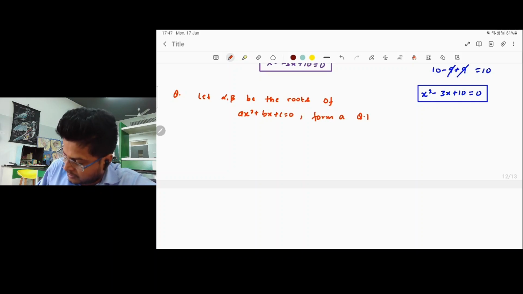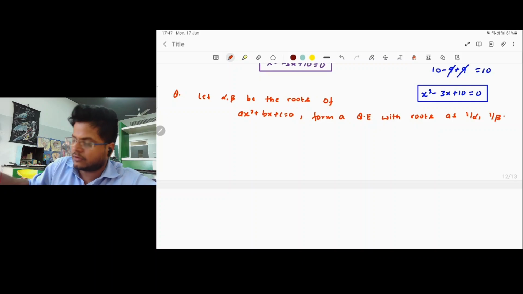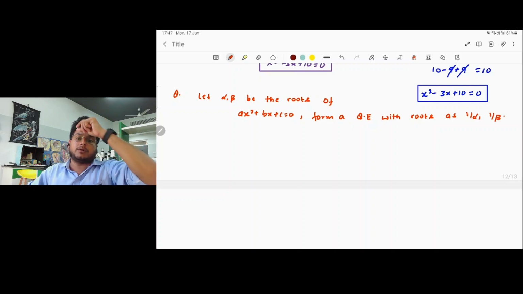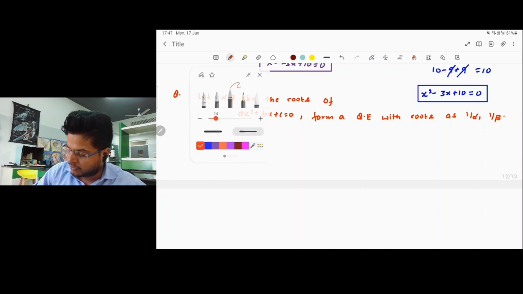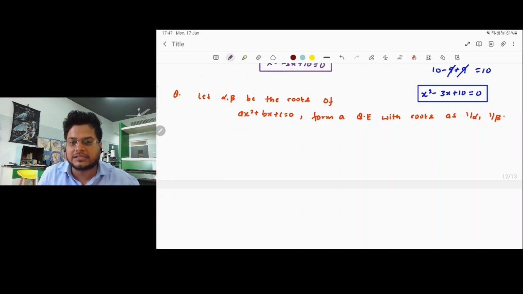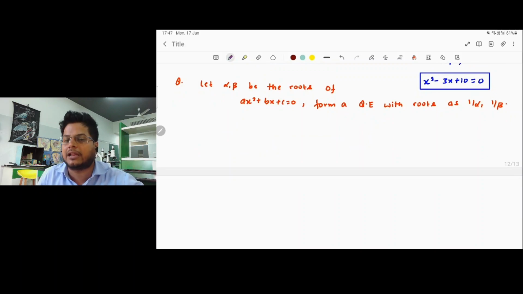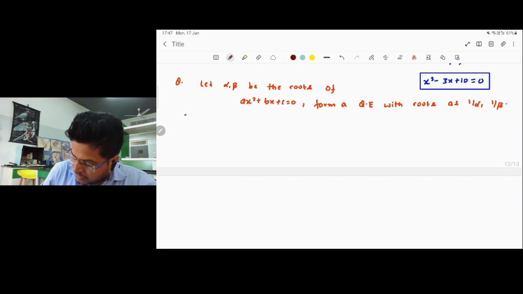Form a quadratic equation with the roots as 1 by alpha comma 1 by beta. The roots are 1 by alpha comma 1 by beta. See, without any hesitation, I mean without even any calculation, I can tell you the answer is going to be cx square plus bx plus a equals 0.